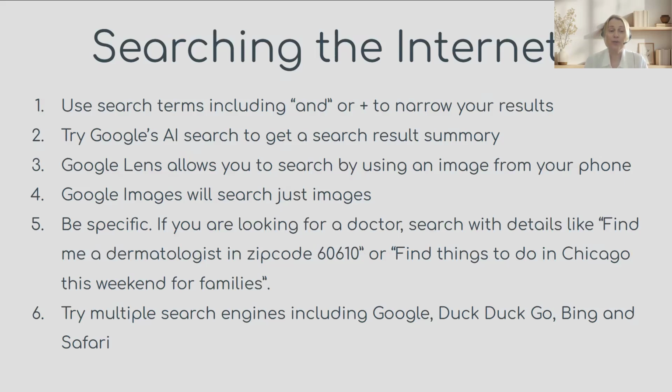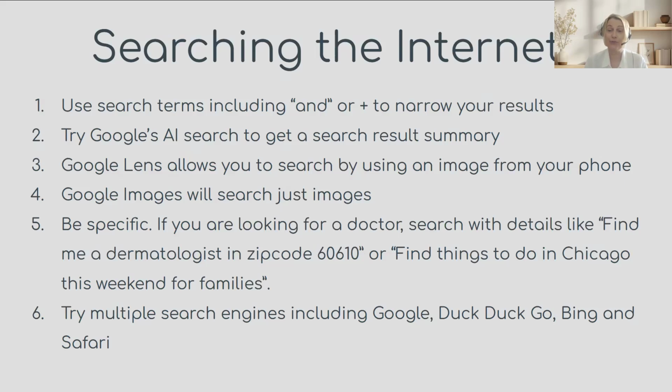Now you can also try multiple search engines when you're searching the internet. Google is just one of them. It is the world's most popular website because we use it so frequently, but there are others. There's DuckDuckGo, which is a search engine, and it is also an internet browser and an app you can put on your phone. And that searches the internet slightly differently because it protects your privacy a little bit more.